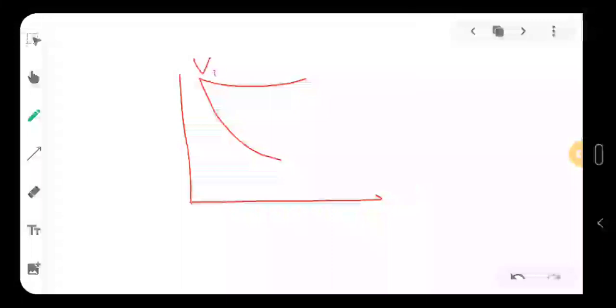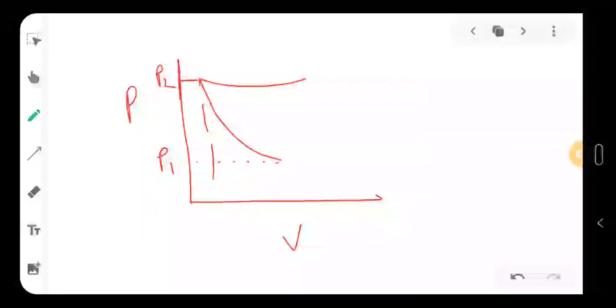So let's say this is a P versus V graph, and the gas has changed its parameters in such a way that the pressure was P2 here, the pressure here is P1, and the volume here is V1, and the volume here is V2.